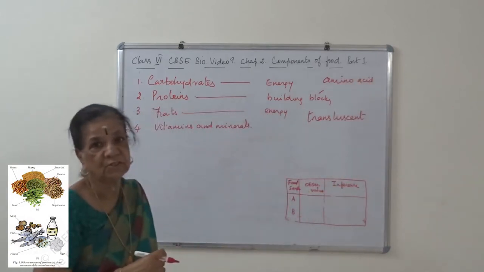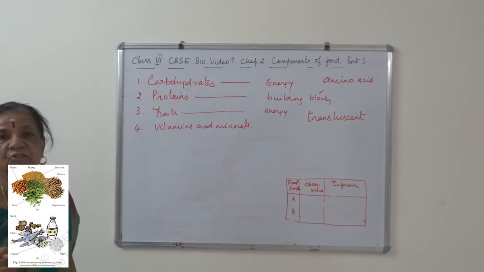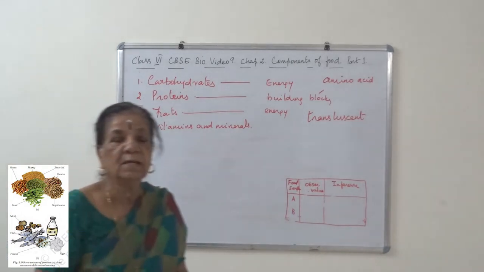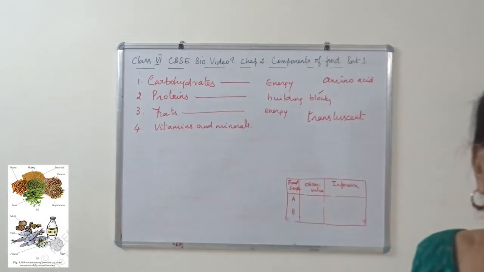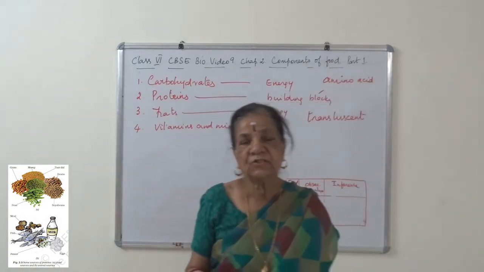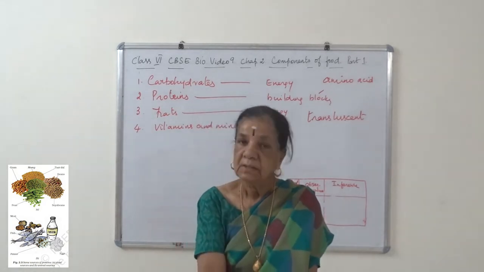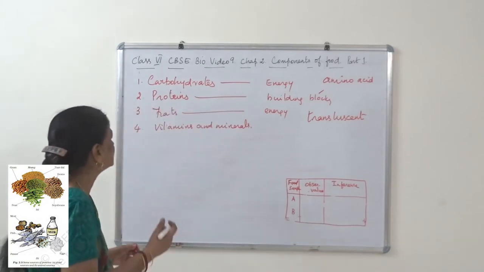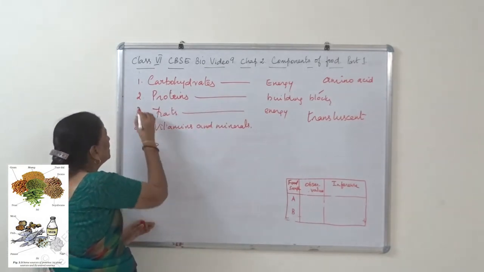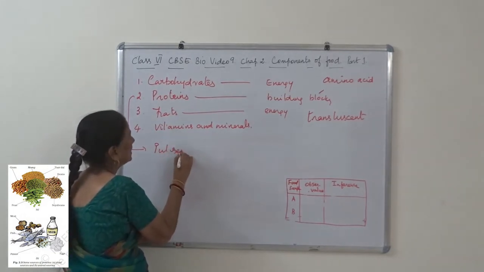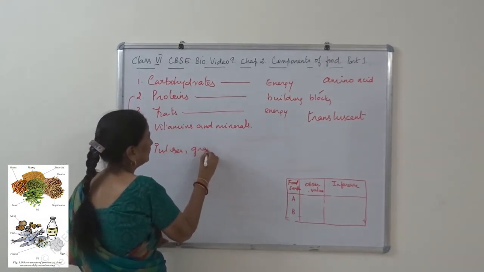Amino acid. Now this building block has amino acids. Protein food sources are mainly pulses and grams.